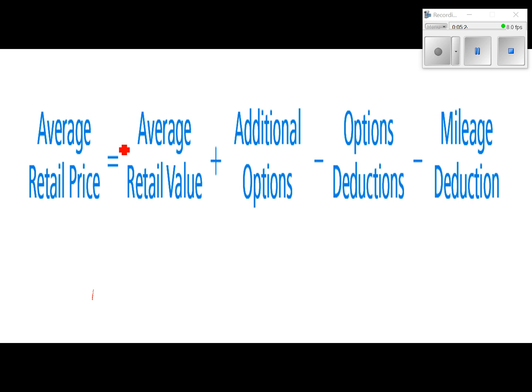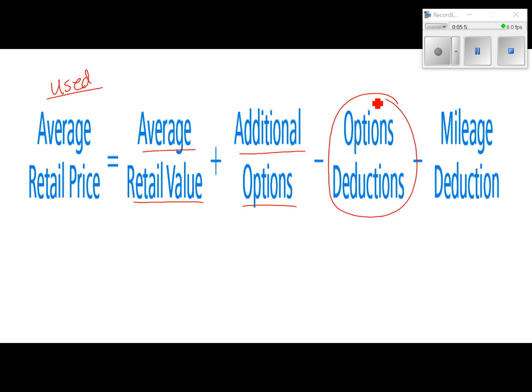Average retail price, this was for the used cars. The average retail price, this is the one that we got off of like Kelley Blue Book. Average retail value plus the additional options, whatever those additional options might be, whether it was power windows, power seats, sunroof, so on.